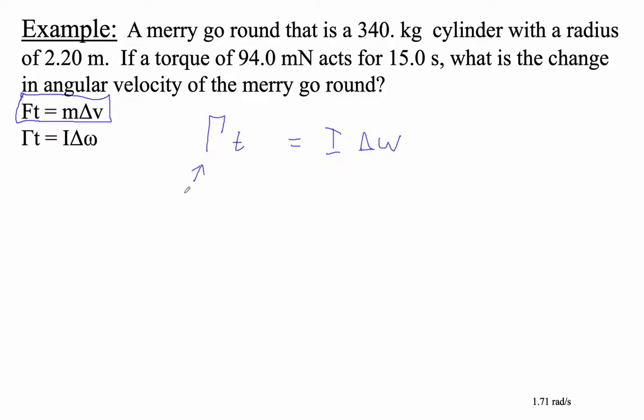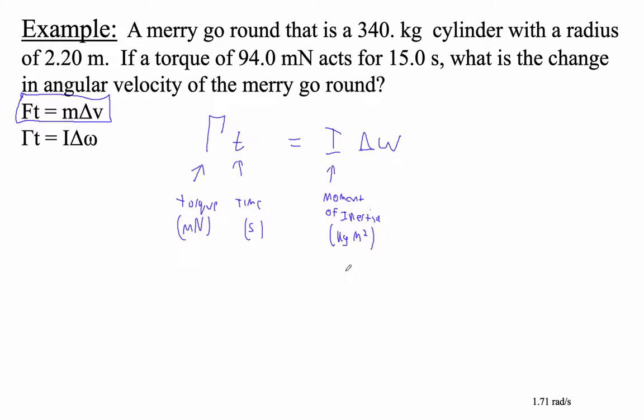So this is our torque. This is going to be meter newtons. This is time. It's going to be seconds. This is moment of inertia. Moment of inertia, that's going to be kilogram meters squared.